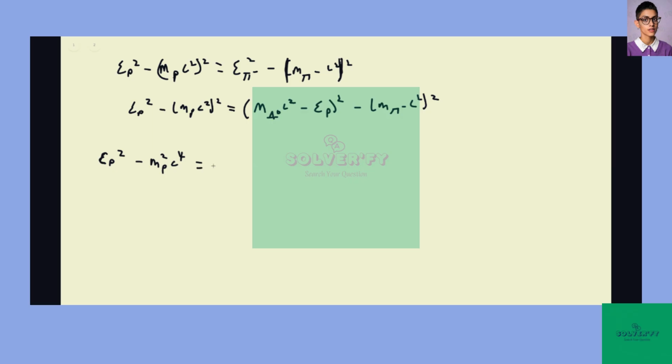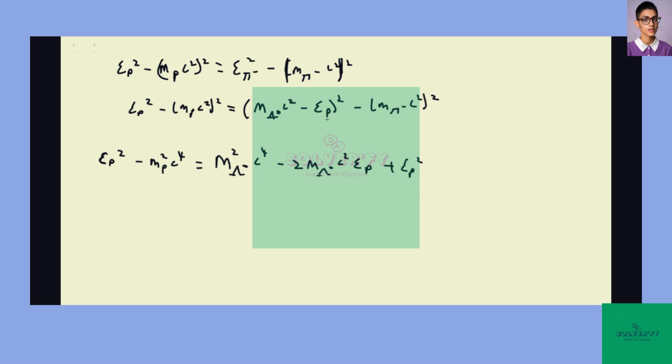is equal to the rest mass of the lambda baryon squared minus 2 times the rest mass of the lambda baryon times the total energy of the proton, plus the total energy of the proton squared.